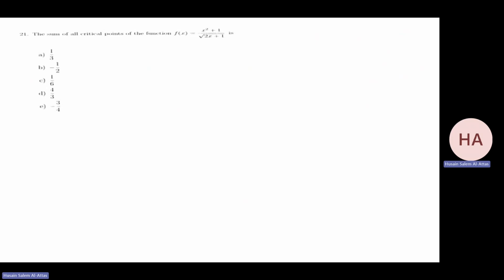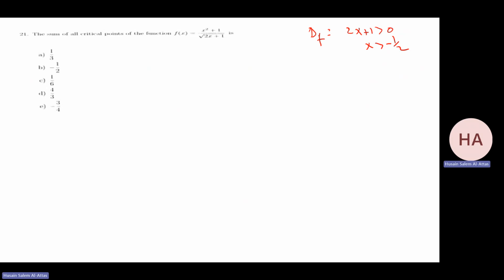Okay. What's the domain? I have 2x plus 1 positive, means x greater than minus half. Okay.